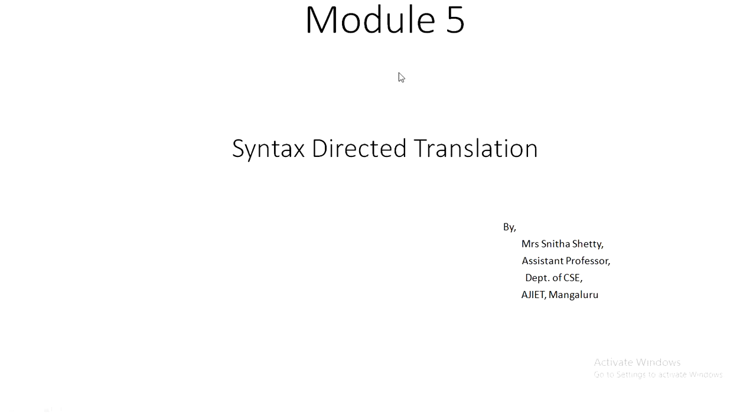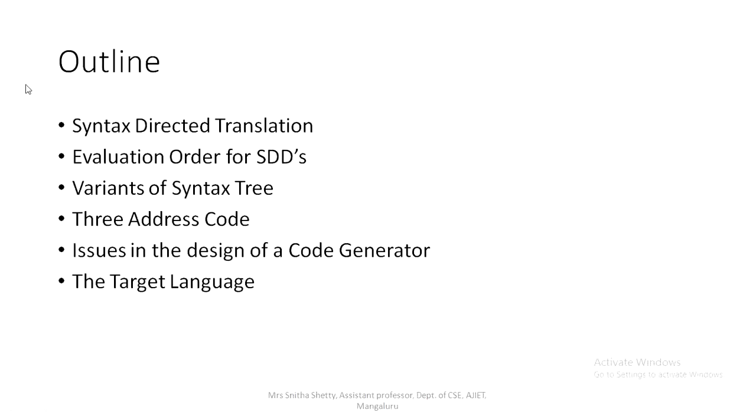In module 5 we are studying the remaining phases of the compiler. We are studying the semantic analyzer, that is syntax directed translation, then intermediate code generation, then target code generation. So let's see the content of this module. We are seeing syntax directed translation and the evaluation order of the syntax directed definition.